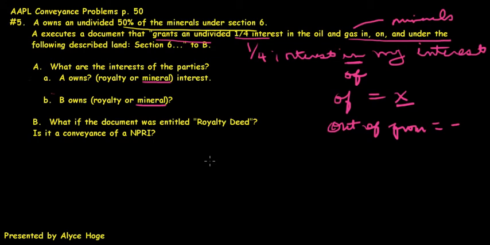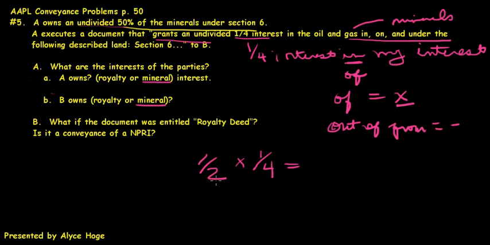If A has a 50% or 1/2 undivided 1/2 mineral interest, and she conveys to B 1/4 interest in or of my interest, so she's going to have to say 1/2 of my interest times 1/4. So that's what she is conveying to B. An undivided 50% interest conveying a 1/4 interest of my interest.